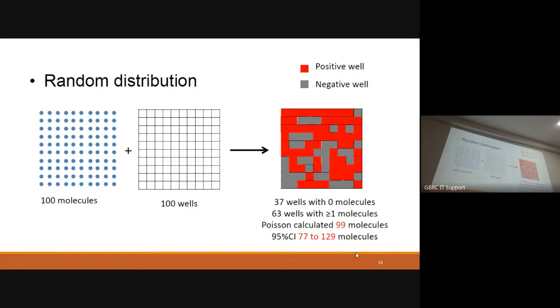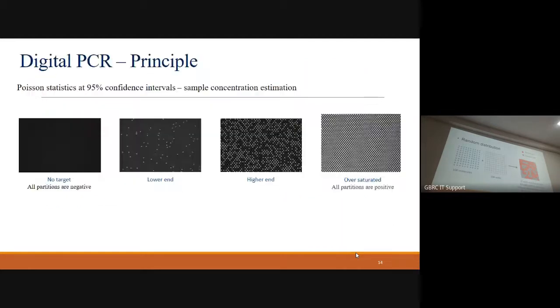Suppose you have 100 molecules of your target, and this is 100 wells. Some wells will have some, and based on this Poisson distribution, the software will automatically calculate the copies. So suppose this is your NTC.